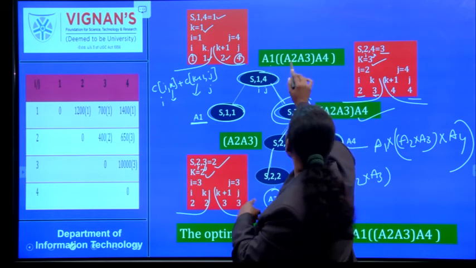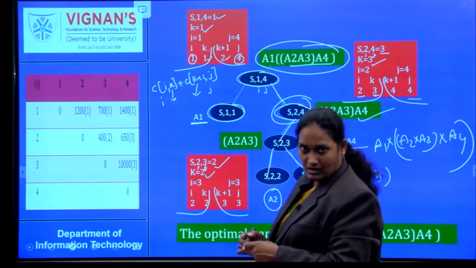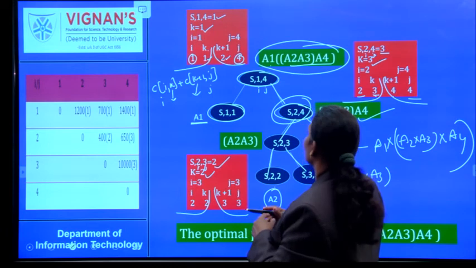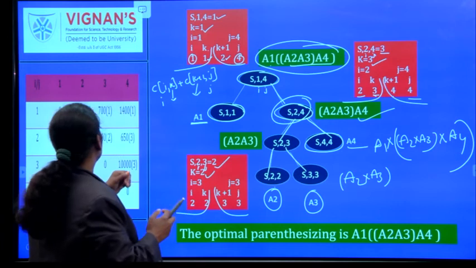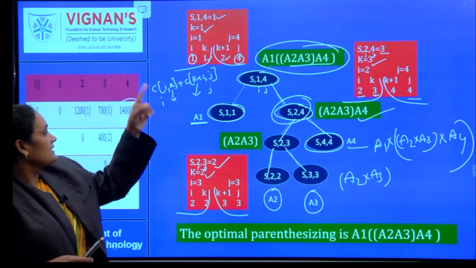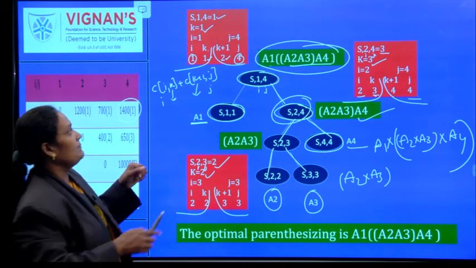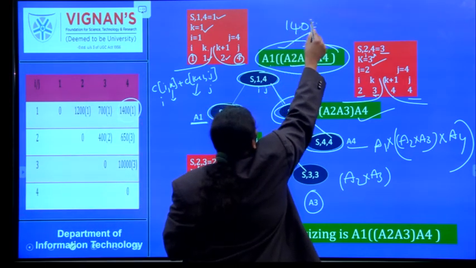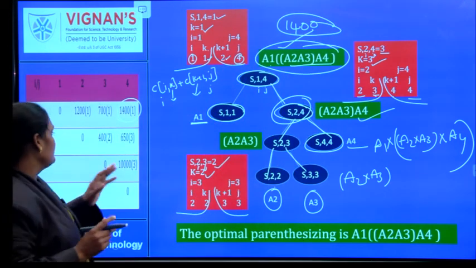So here A1 is multiplied with these two, which gives the optimal parenthesization of the given sequence of matrices, which is nothing but a cost of 1400. So totally, this entire sequence of matrices can be multiplied with 1400 multiplications.